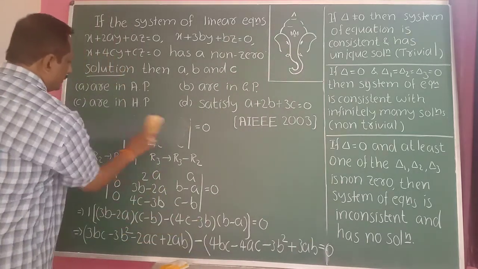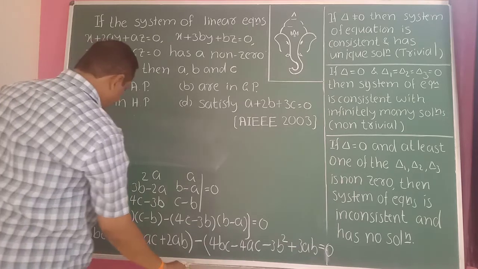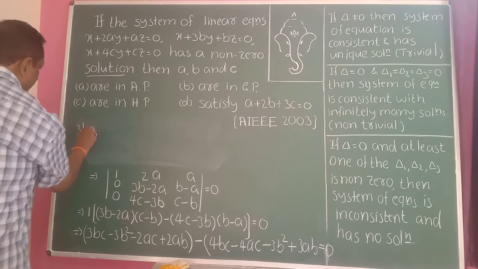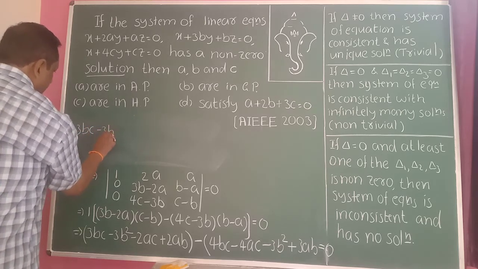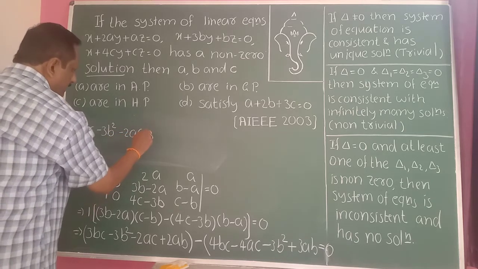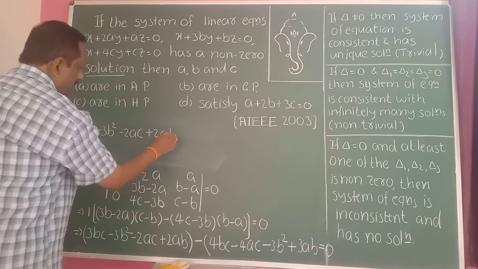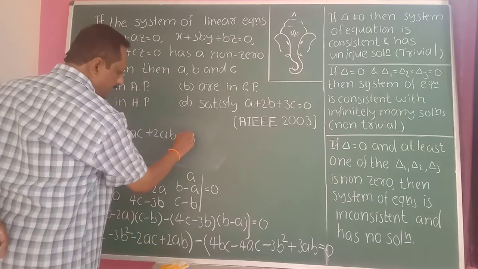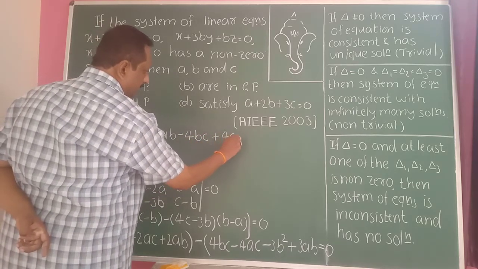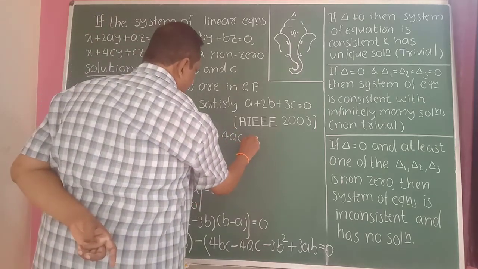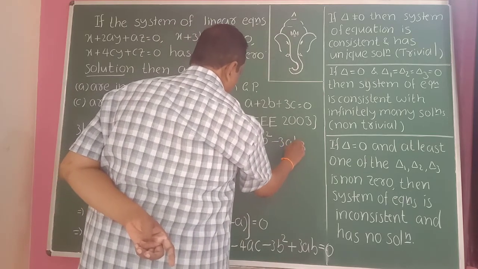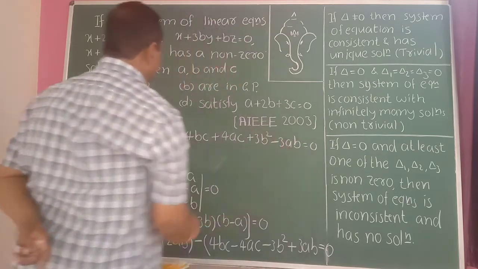Therefore, remove the brackets here. Write 3bc minus 3b square minus 2ac plus 2ab. Take a minus inside the bracket: minus 4bc plus 4ac, plus 3b square minus 3ab, is equal to 0.